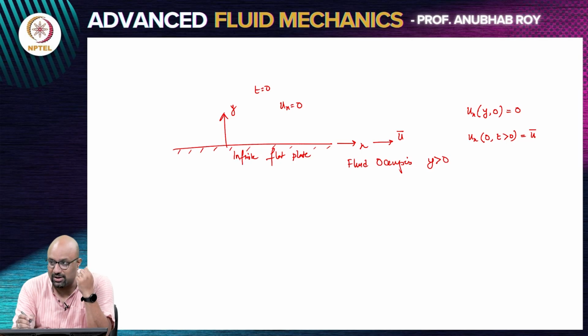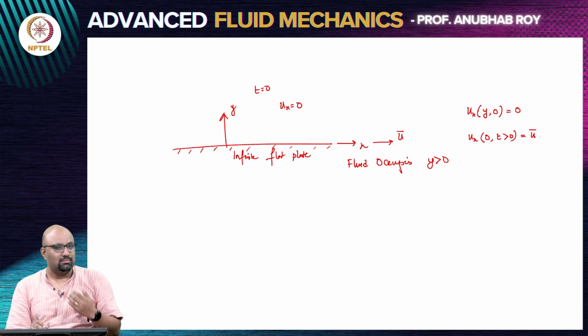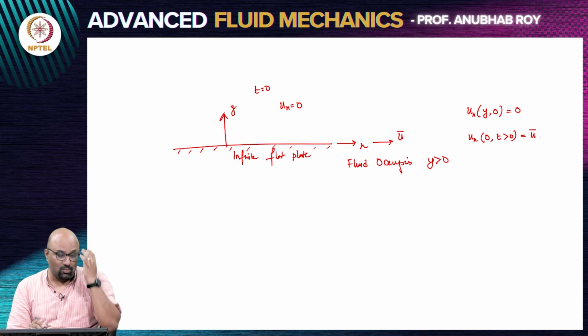Now the question is, what would be the velocity in the fluid as you let this evolve in time? You have given a source of momentum at the bottom surface, the entire fluid is now going to be set into motion, and we are interested in finding what would happen as you wait for the fluid to gradually get churned into motion by this motion of the bottom plate.